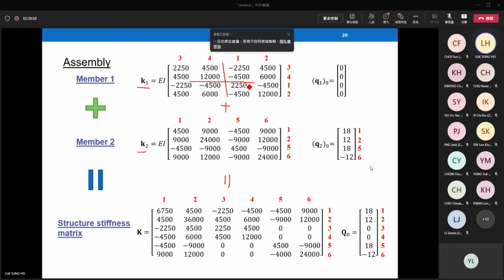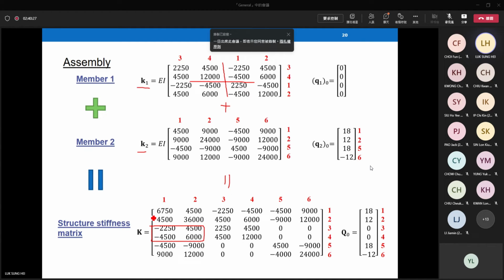This involves column 1, 2, row 3, 4, which means here, column 1, 2, row 3, 4, here. You can cut this into different portions, map it into the structure stiffness matrix. This one is not that difficult because the arrangement is in a symmetric manner, ascending order a little bit.